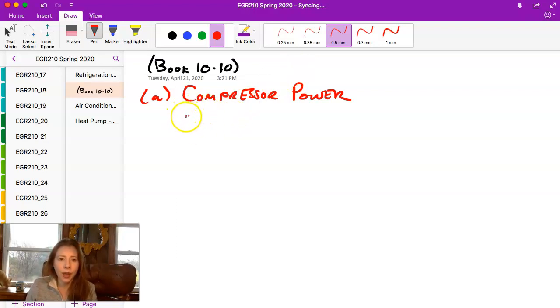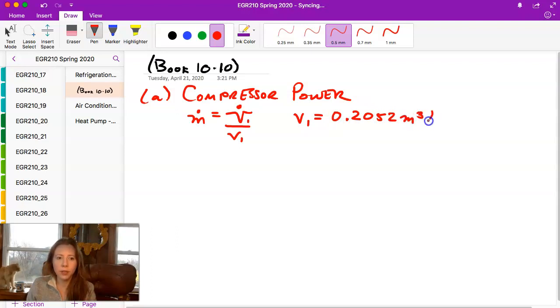And so m dot, if you remember, is equal to our volumetric flow rate, which is in meters cubed per time, so volume over time, divided by specific volume, which is volume per mass. And so that means to get the mass flow rate, we need to look up V1 in our tables. And V1 for X1 is 1, the quality is 1 there, is going to be 0.2052 meters cubed per kilogram.